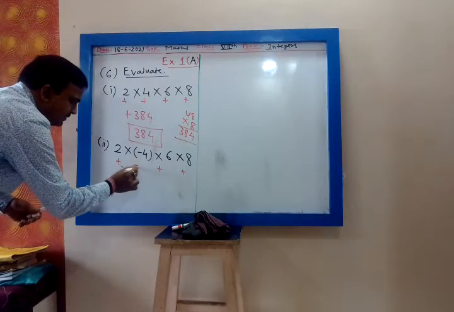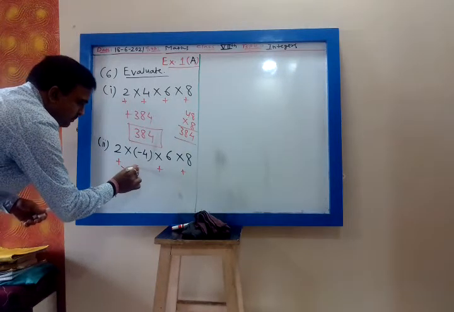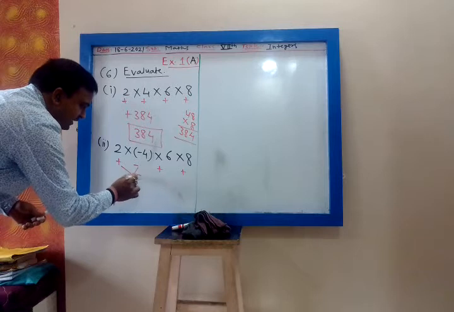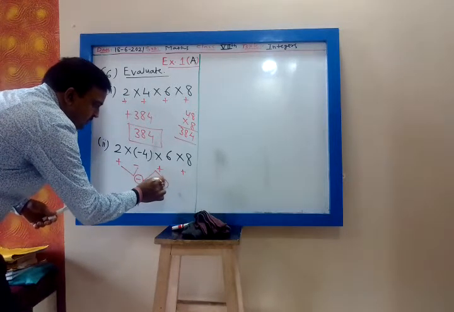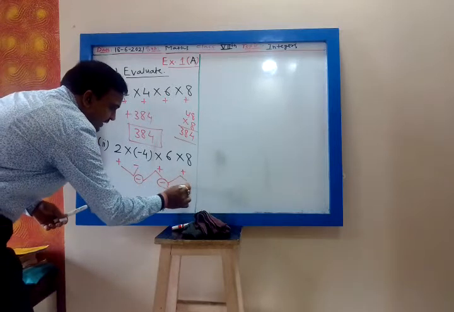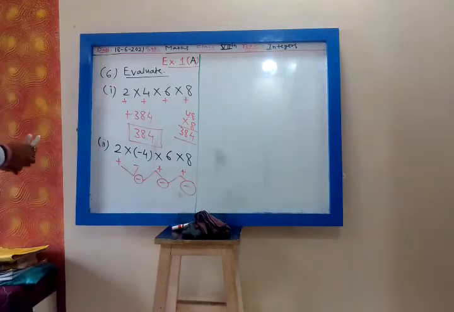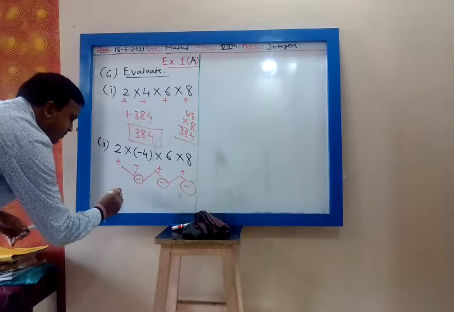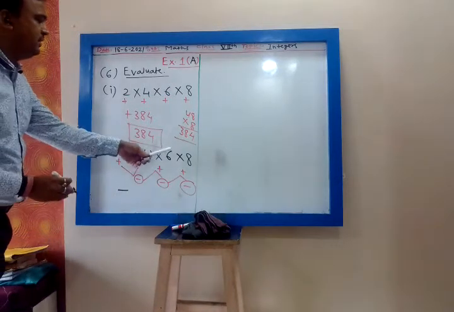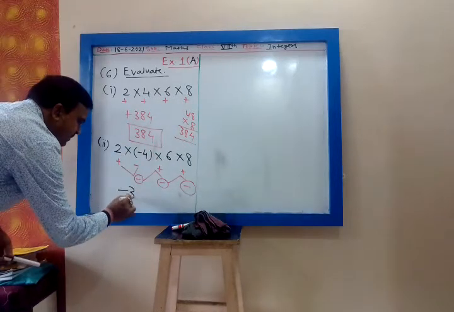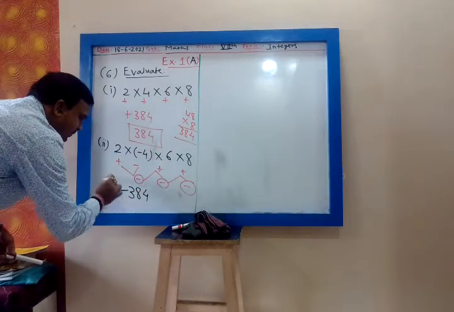Plus into minus, minus. Then minus, plus into minus, minus. Minus into plus, minus. So the final sign will be minus. Then you multiply the numbers. 2 4s are 8, 8 6s are 48, 48 8s are 384. So the answer is minus 384.